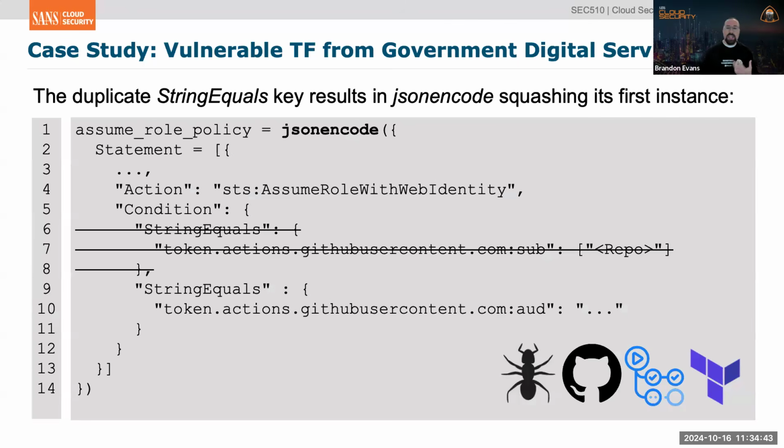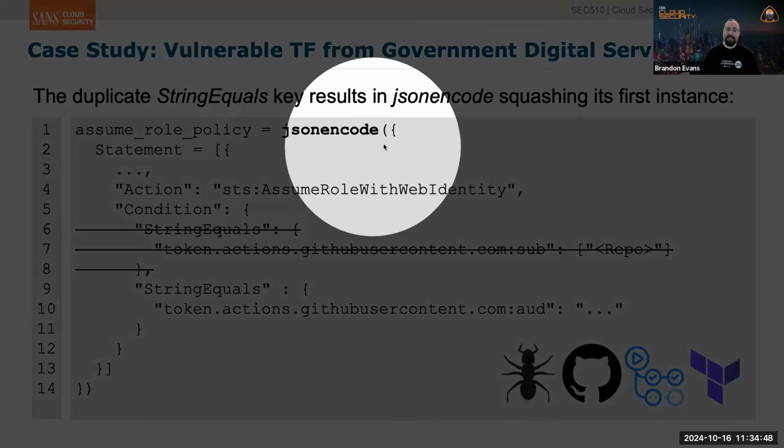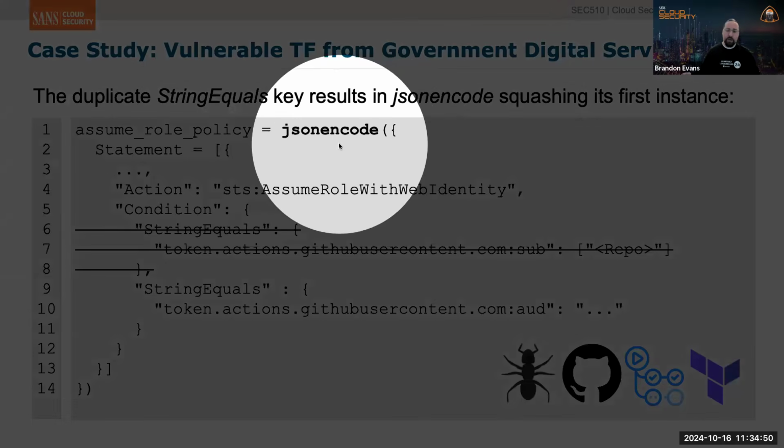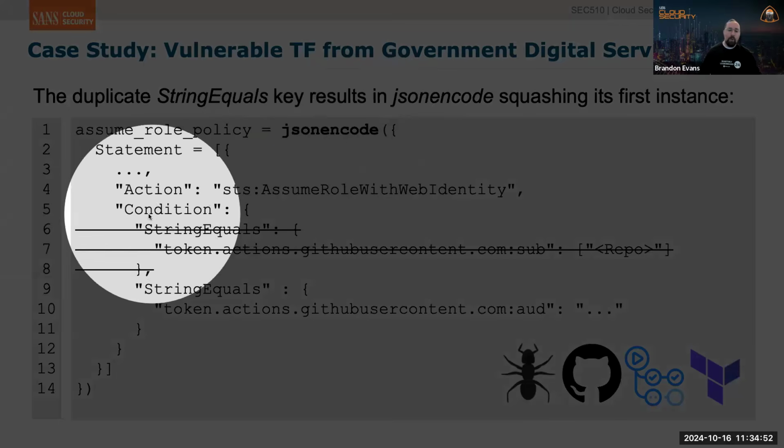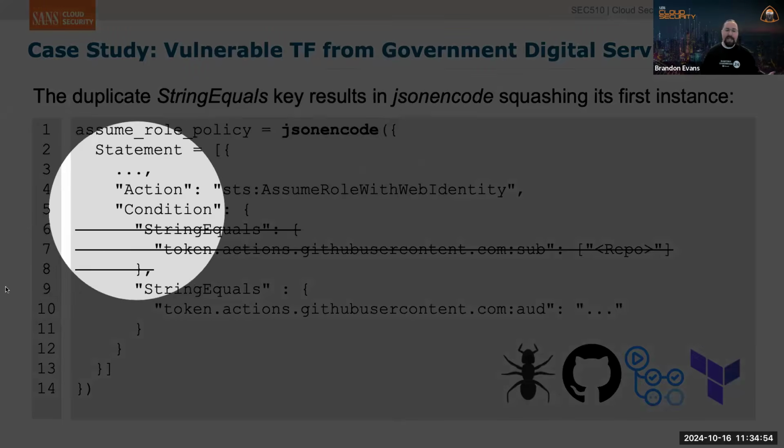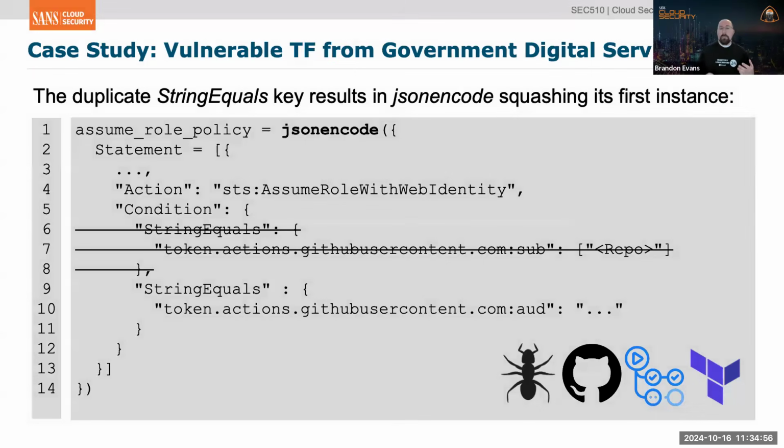Because the underlying issue was with relationship to this function in Terraform called jsonencode. It's going to take your Terraform variable and convert it into actual JSON. But in JSON, you cannot have two keys with the same name in the same object. And this tutorial included two different StringEquals clauses.